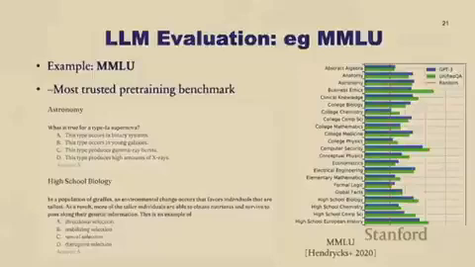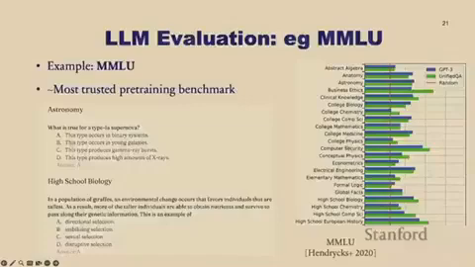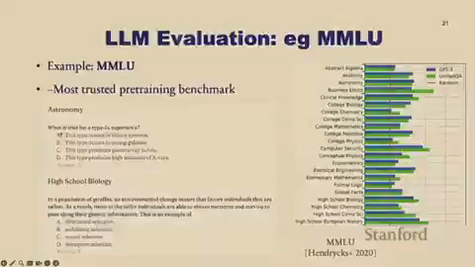To give you a specific example, MMLU is probably the most common academic benchmark for LLMs. It's a collection of many questions and answers in many domains, for example college medicine, college physics, astronomy, and these types of topics. The questions are things like, in astronomy, what is true for a type 1a supernova?